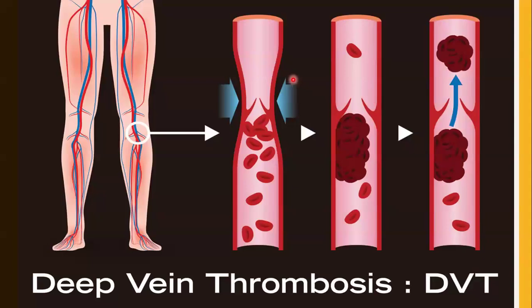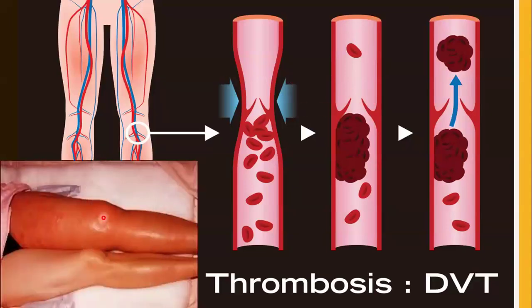Now, how does DVT present? Most of the time, DVT will present as unilateral limb swelling, usually very painful.